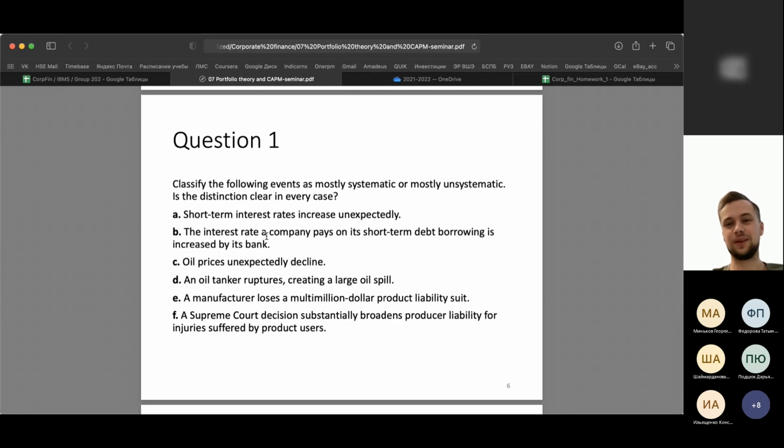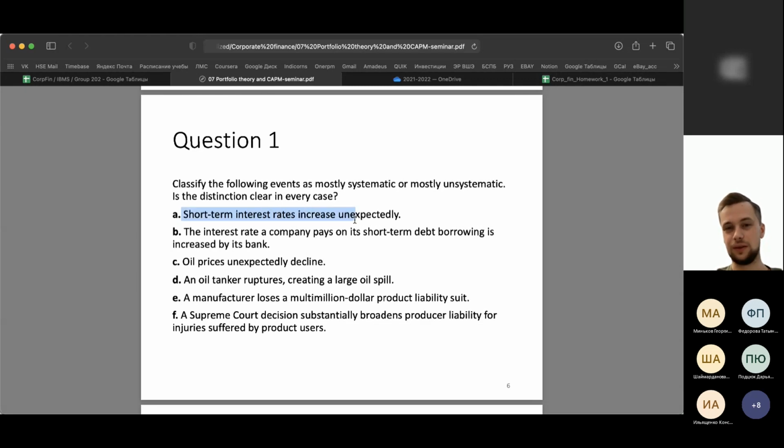I'm speaking about what risks affect all the companies in the economy. For example, the short-term interest rates increase. About how global this risk is. And unsystematic are the risks that affect a group of companies or only one company, like in this case. So the interest rate for some company on some debt borrowing is increased. So that's unsystematic, or the specific risk of the company.